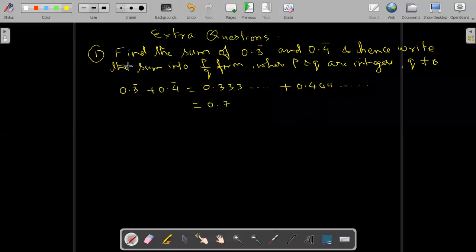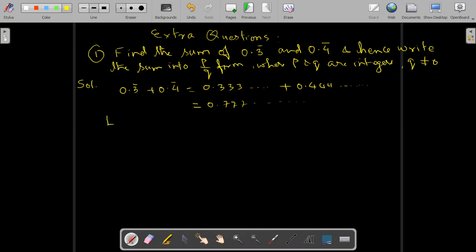So our first extra question is: find the sum of these two numbers, 0.3 bar and 0.4 bar, and hence write the sum in P upon Q form, where P and Q are integers, Q is not equal to 0. So first I will solve it. Find the sum of these two numbers, and this will become 0.7777.